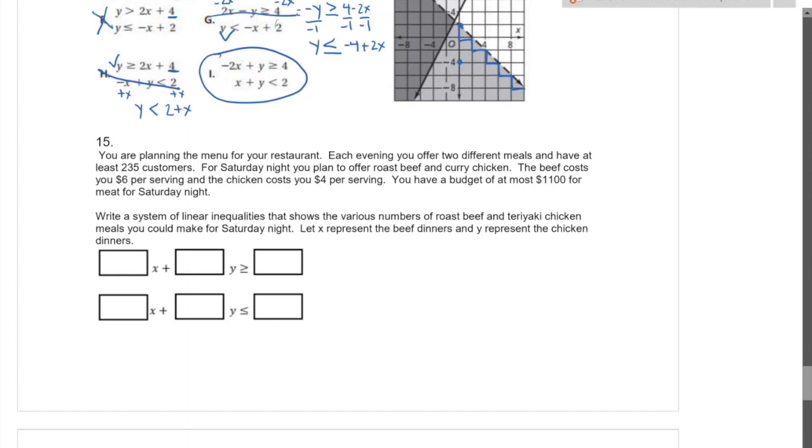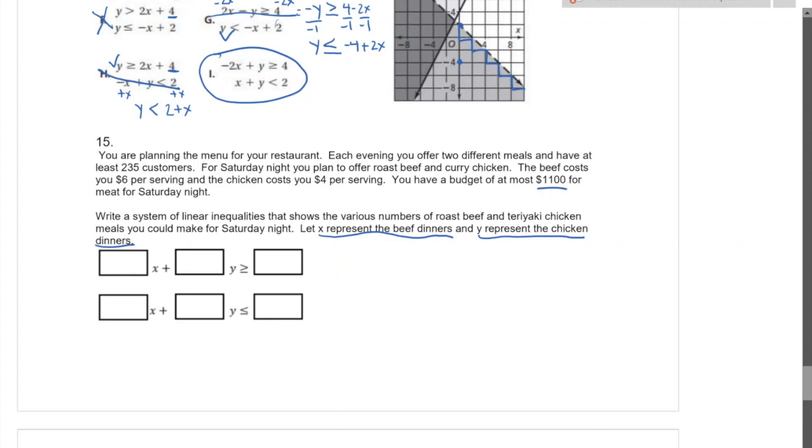You have a budget of at most $1,100 for Saturday night. Write a system of linear inequalities that shows the various numbers of roast beef and teriyaki chicken meals you could make for Saturday night. Let X represent the beef dinners, so this is really important, X represent the beef dinners, and Y represent the chicken dinners. Alright, so we got to create 2.